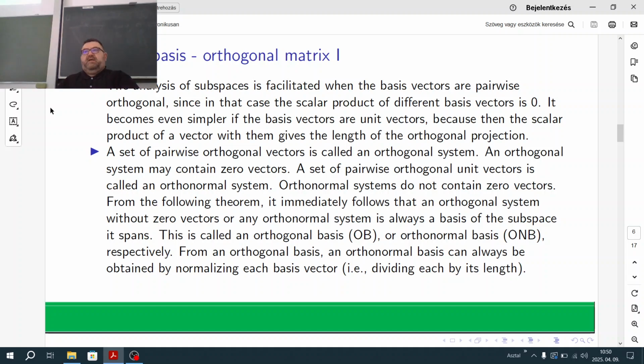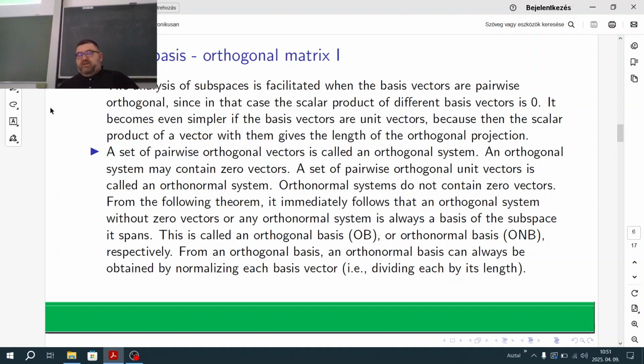And we are dealing with this system right now. If you have an orthogonal system and the length of the vectors is 1 unit, then it's an orthonormal system.